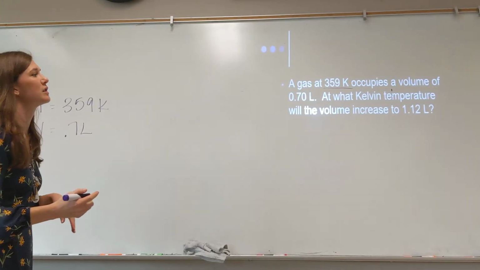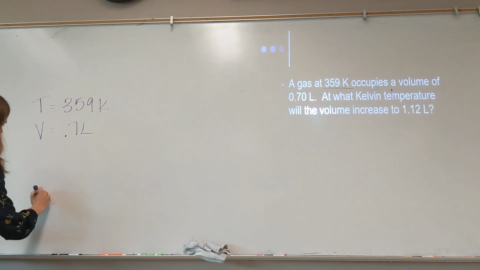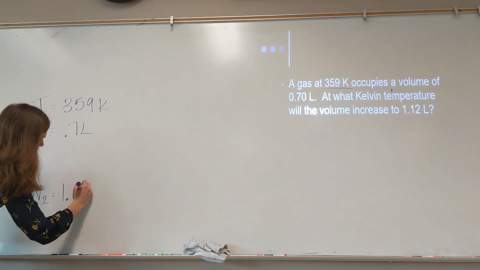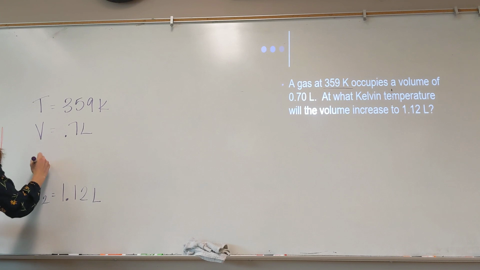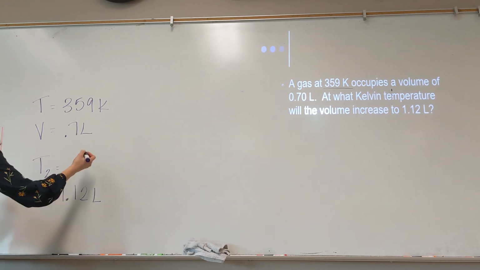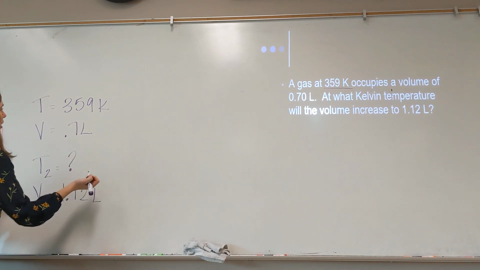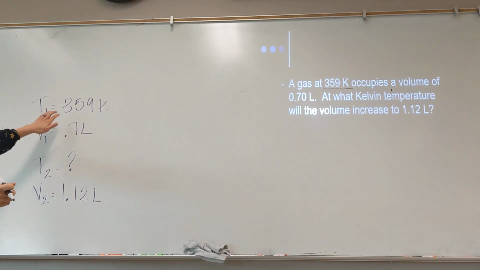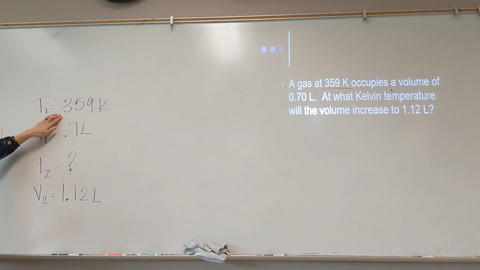So that is going to be my V2, 1.12 liters. So I know that my T2, it wants to know what the temperature at the 1.12 liters is going to be. So that is going to be my question mark. And these are going to be my T1 and my V1. All right, I do not need to convert my temperature because it's already given in Kelvin.